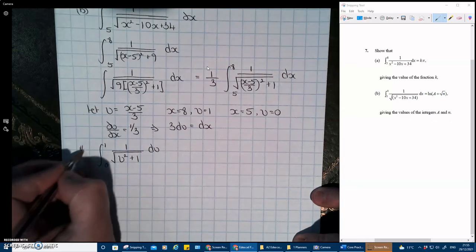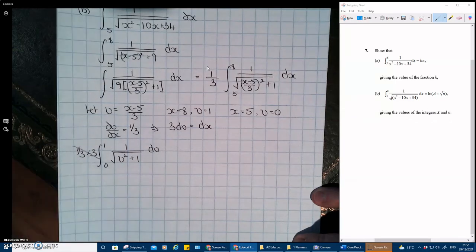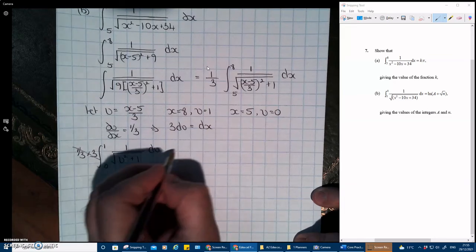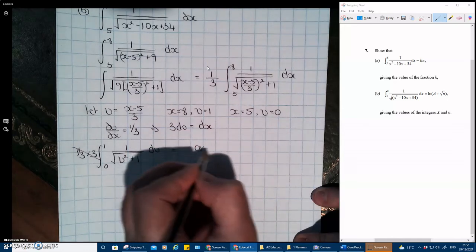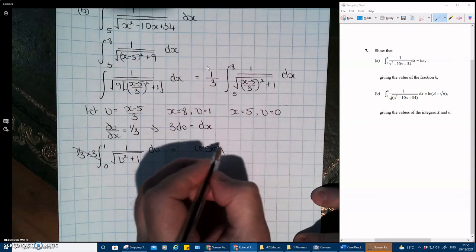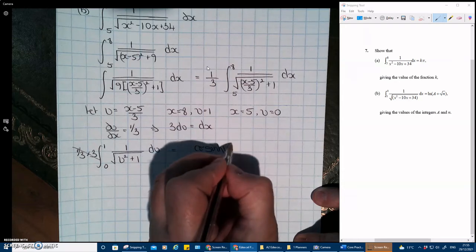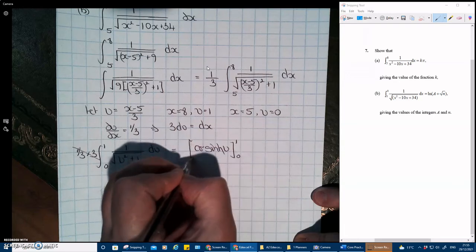I could put a third times 3 there, but it's not really necessary. Now I know from the formula sheet that that is arcsinh of x, or u in this case, between 1 and 0.